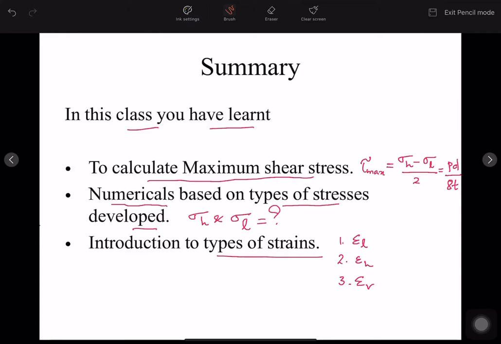Also I mentioned how this volume gets increased. I've just given an introduction. In the next class I'll explain it in detail. So I hope you revise these things and you will be ready for the next topics.